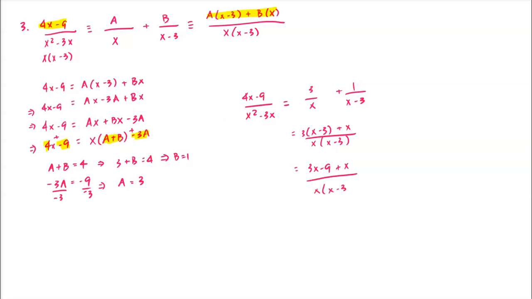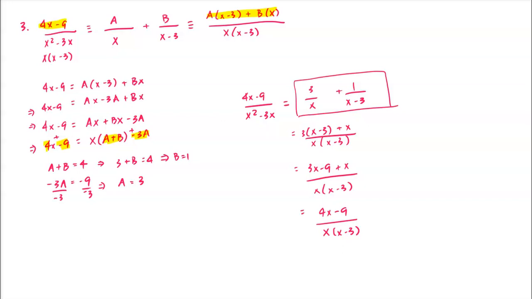This equals 3x... No, what am I doing? 4x, I mean minus 9, over x times (x minus 3). Yay, so I had the right answer. There you go.